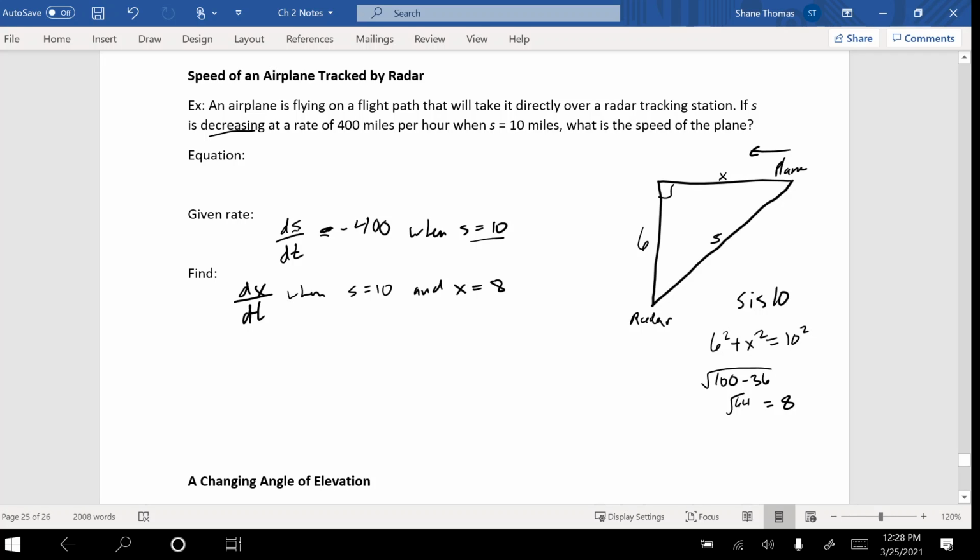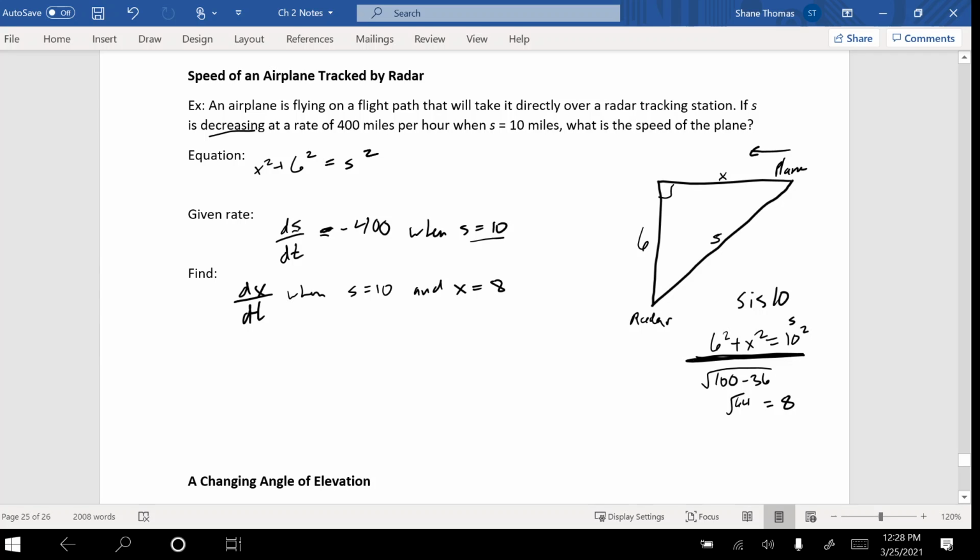Now, also at the same time, remember when I came up with this thing here, that was a way to relate the two together, wasn't it? I mean, I put in a 10, but that was just S. Can I use this as my equation? Yep. x squared plus 6 squared equals S squared. Good?